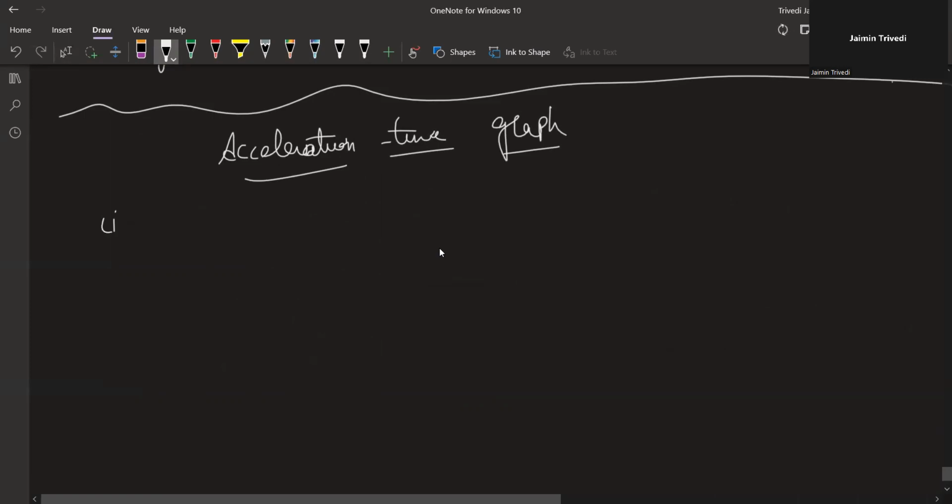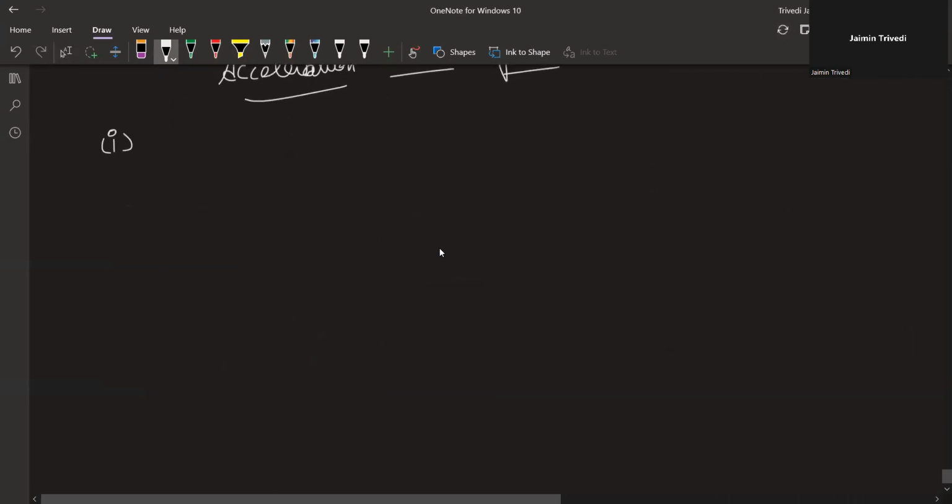So the first graph, it's the same as usual. Time axis will be the x axis and the y axis will be the acceleration axis.